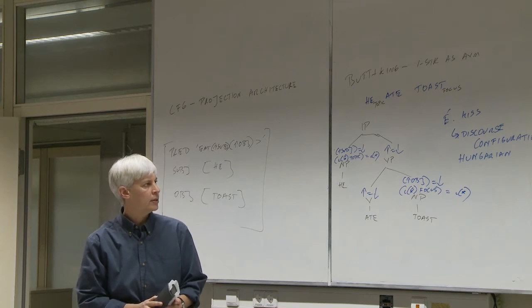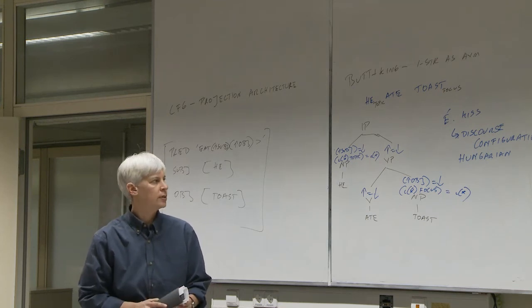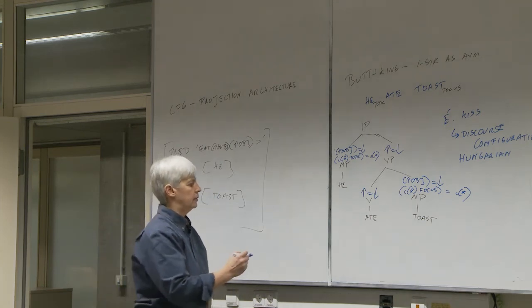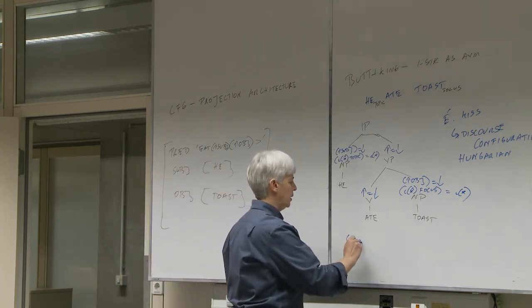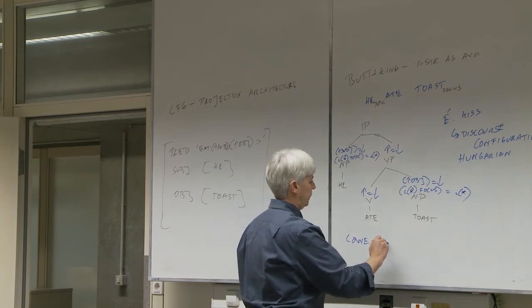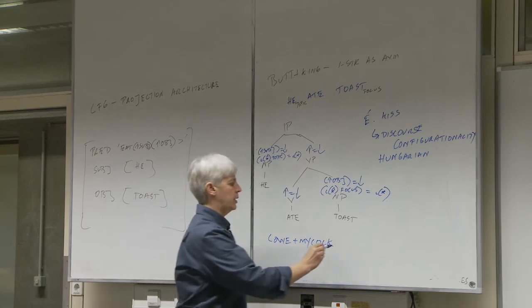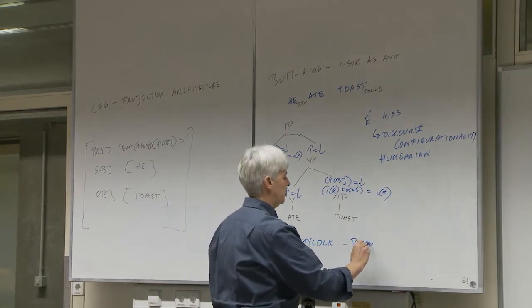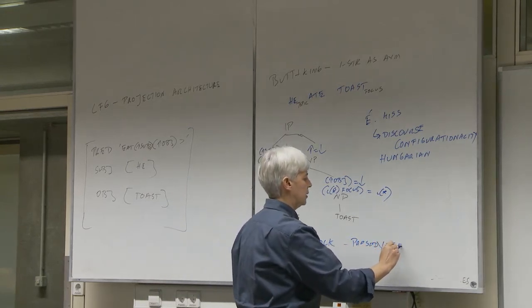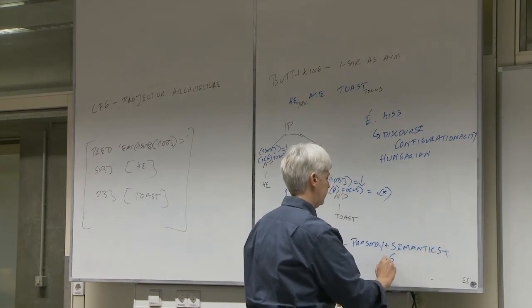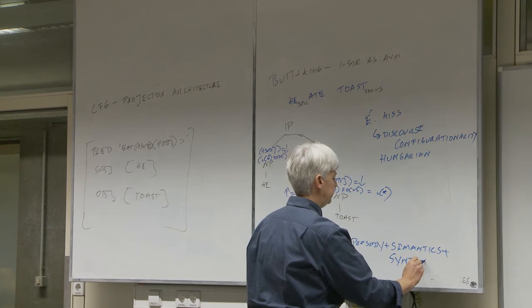And right now there's a debate between us and Oxford. So in Oxford we have these guys, Lowe and Mycock, and they're trying to do prosody and semantics and syntax all in one.